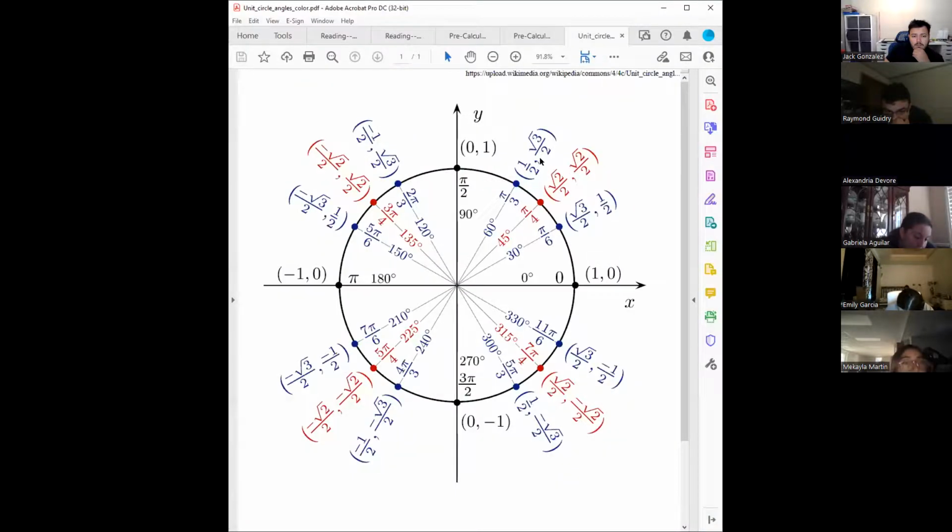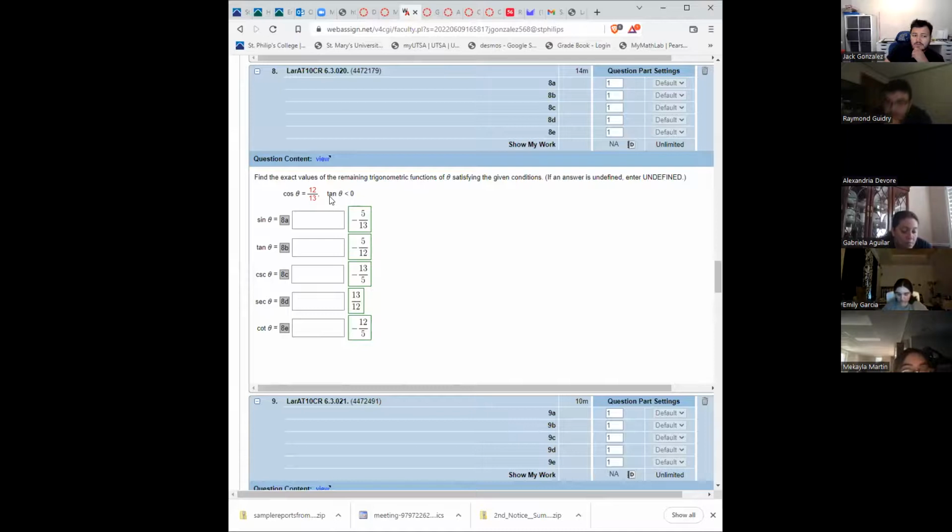in quadrant 1, all x's are positive, right? Because cosine is the x. Quadrant 4, the final quadrant, x's are still positive, so it can be either one. Okay, what other information did they give us? They said that tangent is negative.